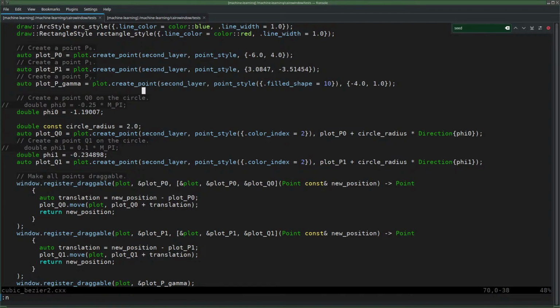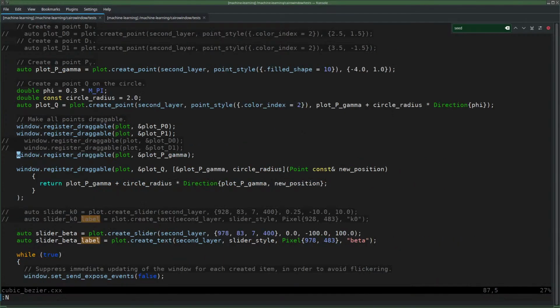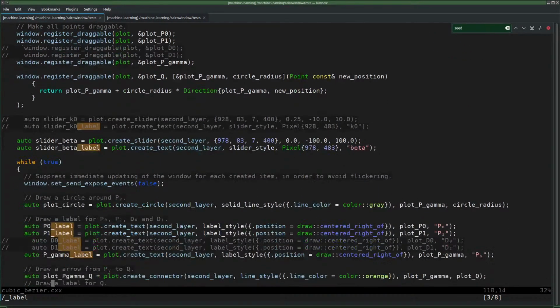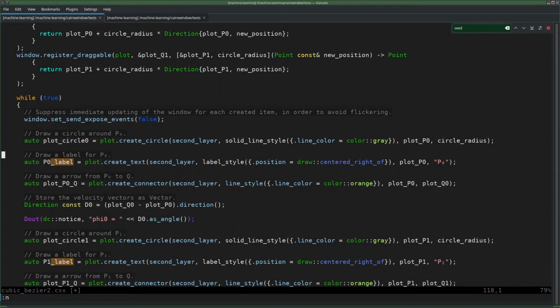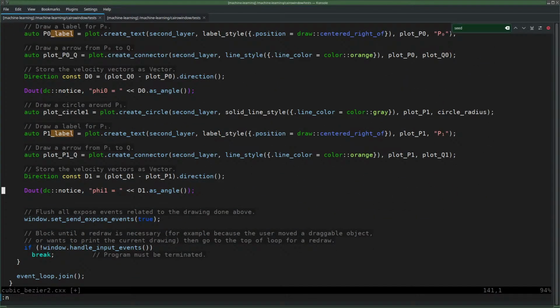Yeah. Field shape 10. That's the same style, is good enough. And of course we need a label for it, to get that from some comma label here. P0 label, P1 label. Let's put it behind the direction here.